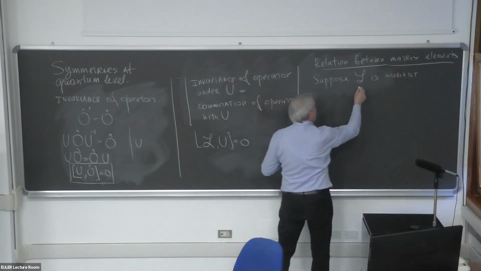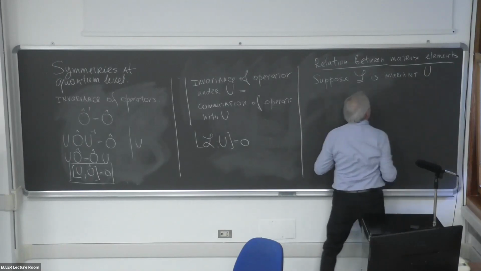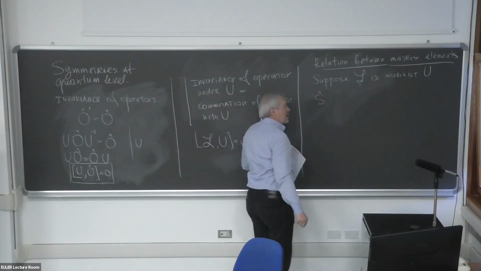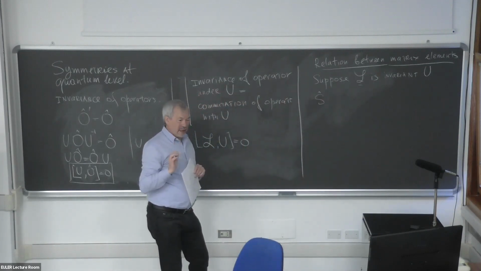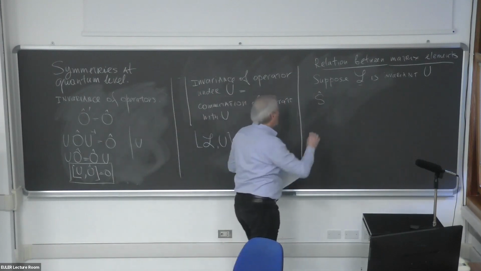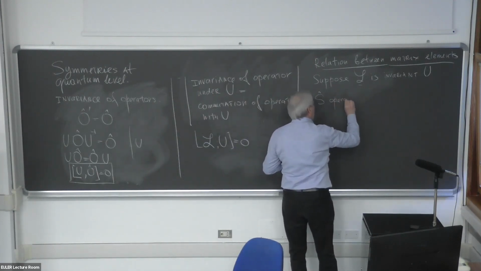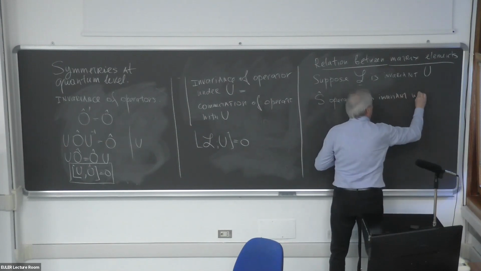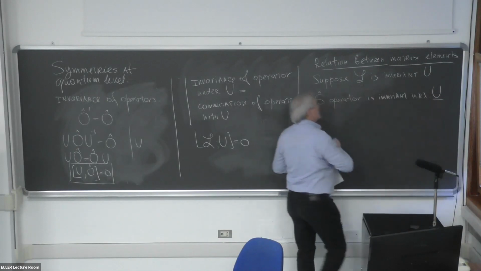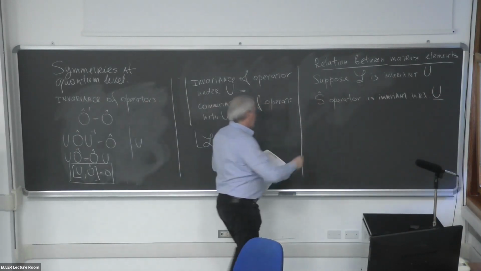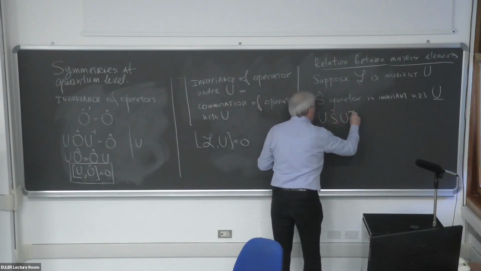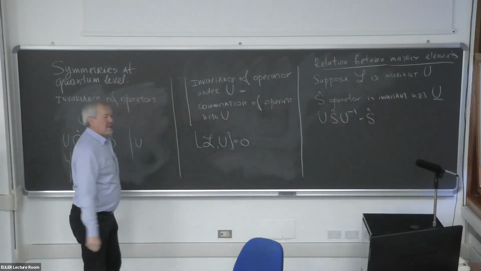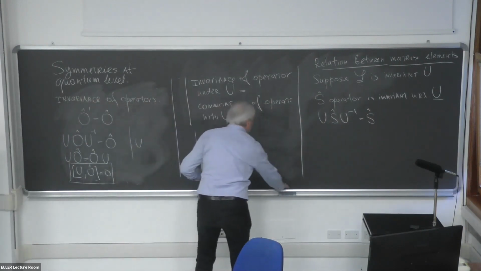So suppose that L is invariant under transformation U. Remember we introduced the S operator, which is an exponent, and we have the Lagrangian in the exponent. One can show that if the Lagrangian is invariant, then the S operator is also invariant under U transformations, which means that U S U minus 1 is S. So this is invariance. Now let us consider a matrix element.